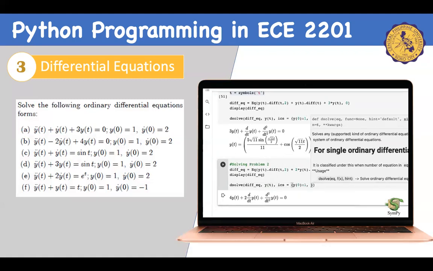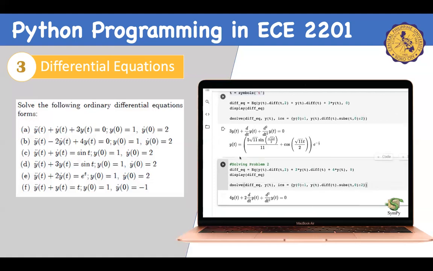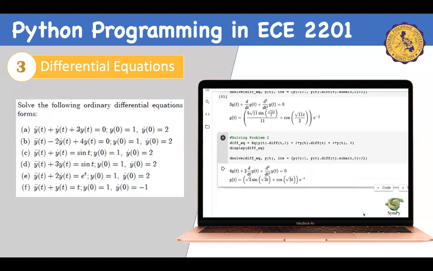Then we have y prime 0, which is represented by y(t).diff with respect to t, and then substitute t with 0, colon, value is 2. So that's it for the solution to the differential equation of problem number 2.